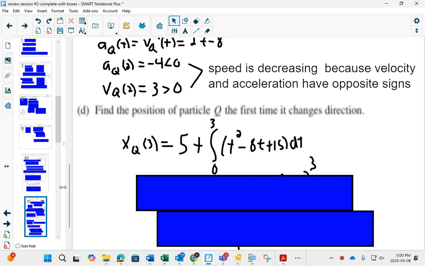Its position at 3 would be its starting position plus an accumulation of change of everything from 0 to 3. And that accumulation of change would be the integral of the rate. So the integral of the velocity equation of Q from 0 to 3 plus the 5 that we started with.